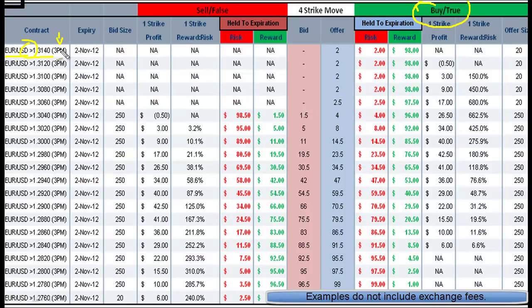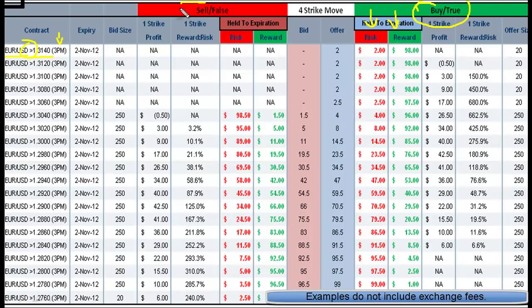If that's true and you bought it, then you would realize the maximum reward on the trade. If it's false, then you would realize the maximum risk on the trade. Again, you can get out before expiration, which is what I suggest, and that's why I suggest you put take profit orders in for the ideal of the market moves far enough, fast enough for you to be able to get in and take your profit.